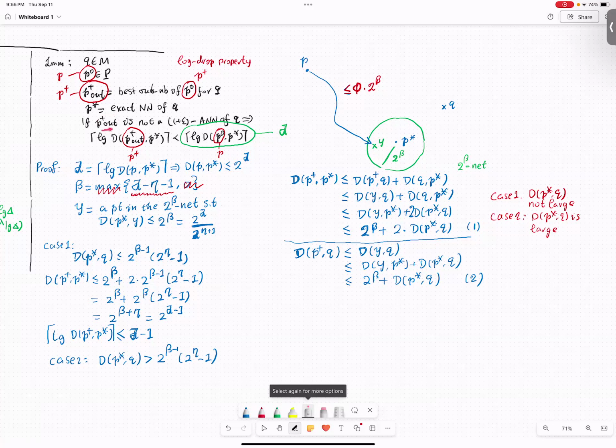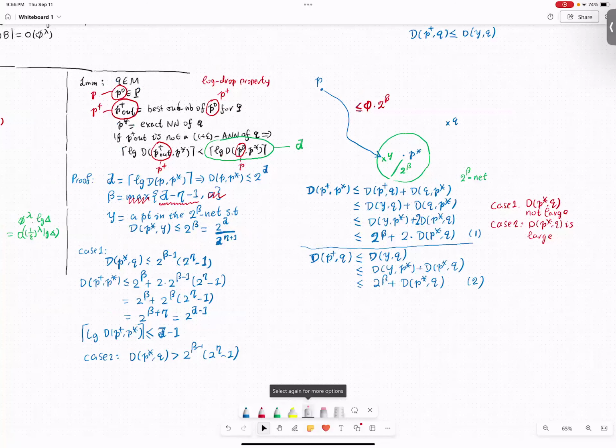This will establish the claim in the lemma. Basically, either p+ is a 1 plus epsilon ANN of q, or this inequality has to hold. We have already seen that in case 1 the inequality holds, and next, for case 2, I'm going to argue that p+ must be a 1 plus epsilon ANN of q.